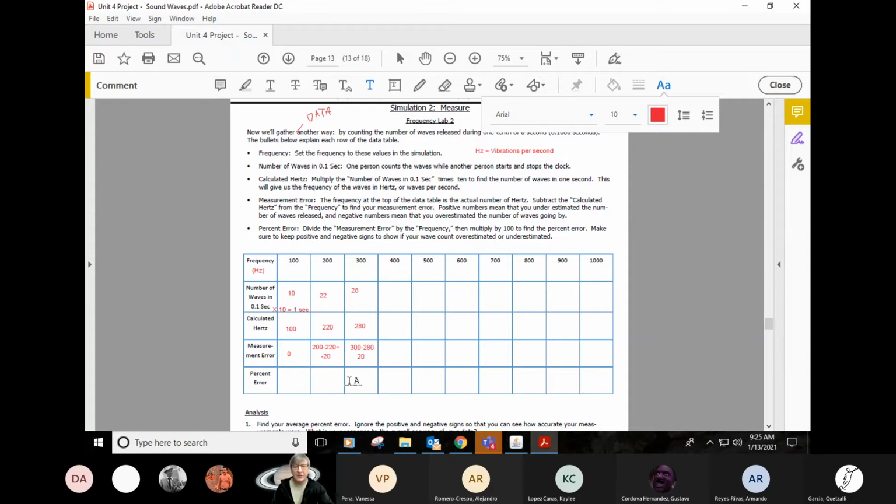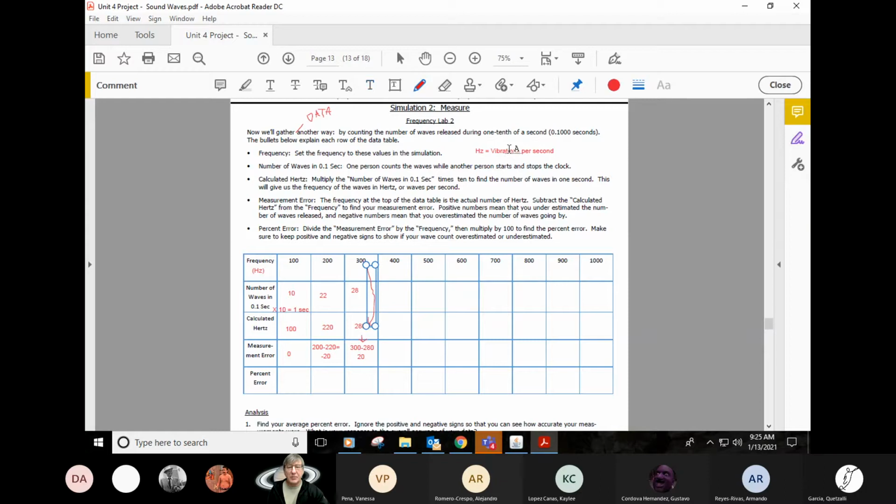Sorry about that. So put this number in first into your calculator or into your head, and then subtract your calculated hertz from it. 300 minus 280, right? That's going to give you 20.